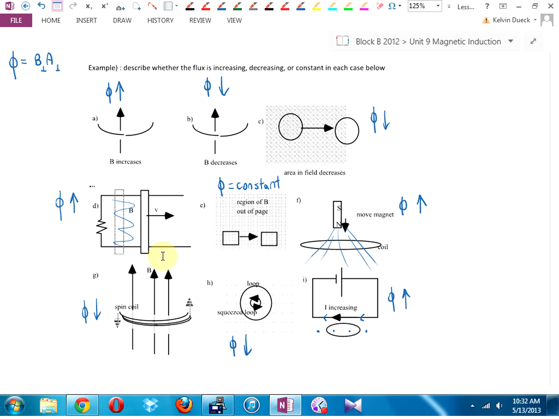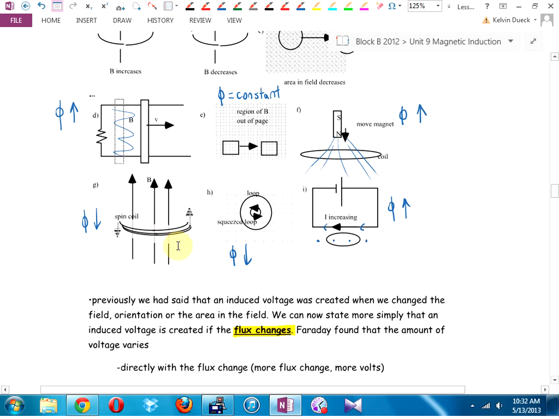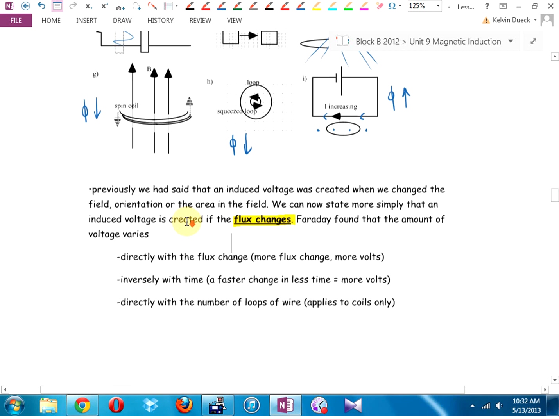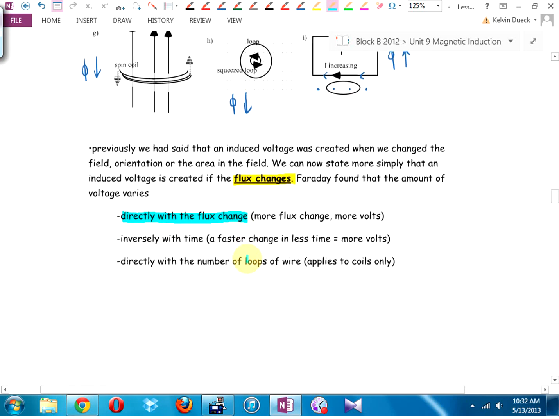Oh, but now we've also found a way to link in spinning, like in situation G. If you don't have a changing flux, you're not going to generate a current. If this is just sitting still, no current. Start it moving, spinning, you'll induce a current. In fact, here's what Faraday found. He found that the voltage varies directly with the flux change. More flux change, more volts.